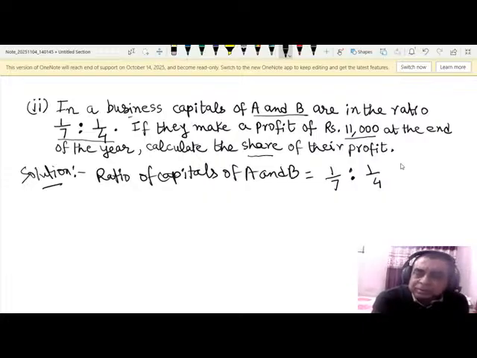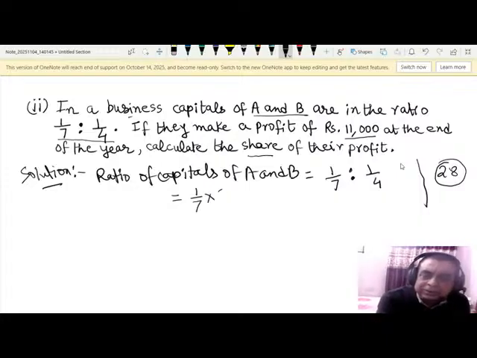So this is a fractional ratio. Change it to a whole number ratio. Multiply both the terms of the ratio with the LCM of the denominators. So the LCM of 7 and 4 is 28. Multiply both the terms of the ratio by 28. It will be converted into a whole number ratio.